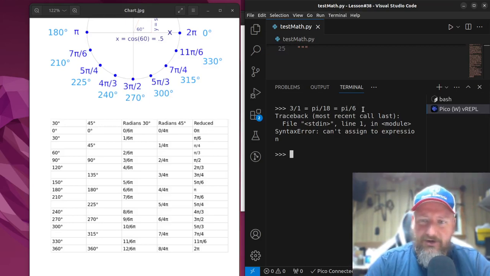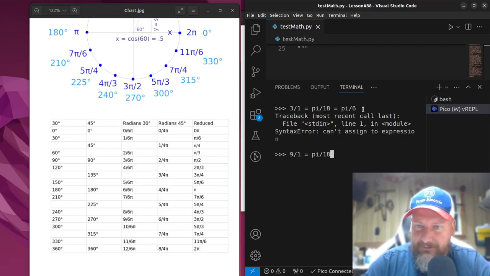Let's look at a 90-degree angle. All right, so let's type in 90 over 1. This is the same as saying pi over 180. Well, once again, we can reduce that down, and we come over here and it's the same as saying 9 pi over 18.